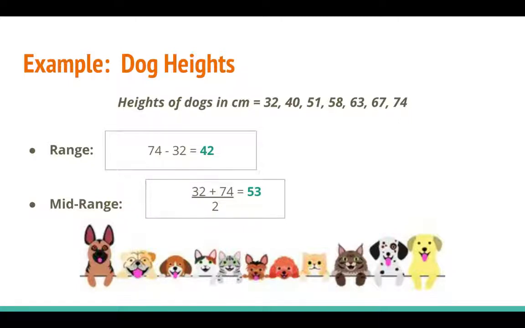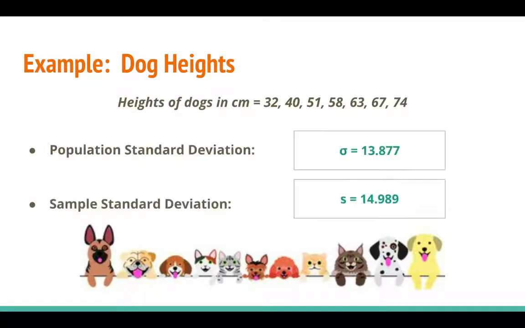It's not a data value. It's right smack in the middle of the range. So 32 plus 74 divided by 2 puts me at 53. So range and mid-range. One quick note on the mid-range. It's showing up here in the measures of variability, but it is also very much a measure of center. So a little bit of gray area there on the mid-range.